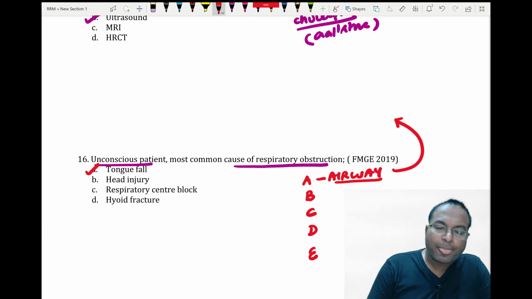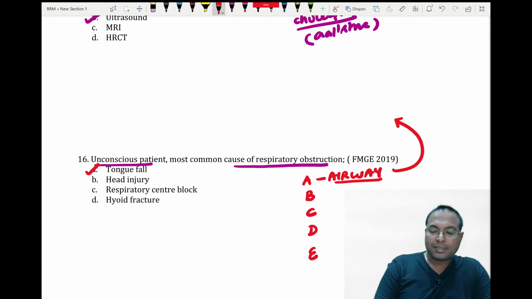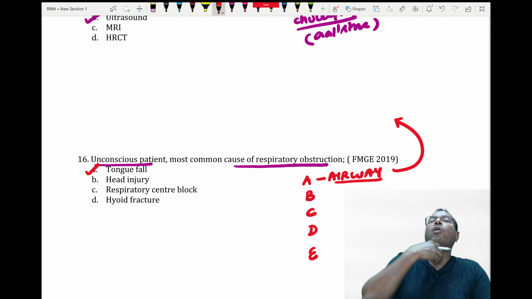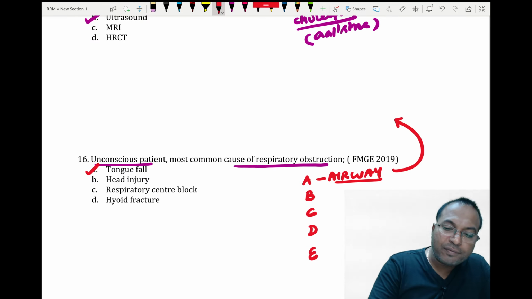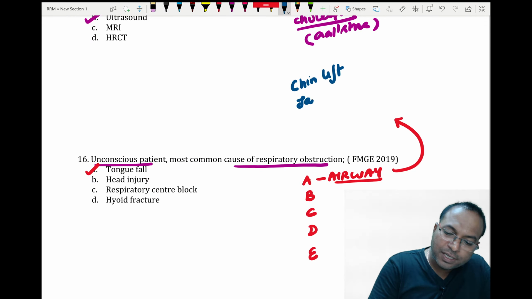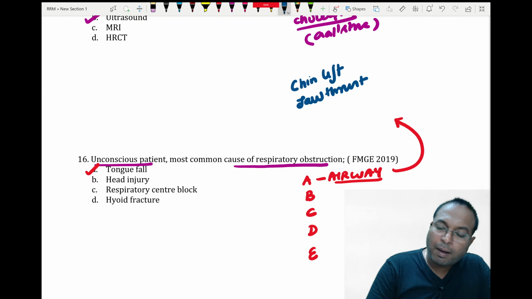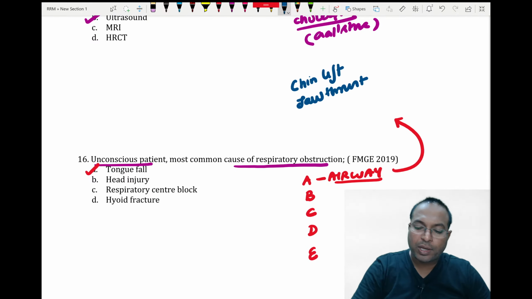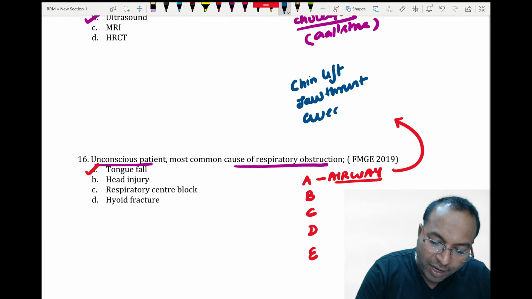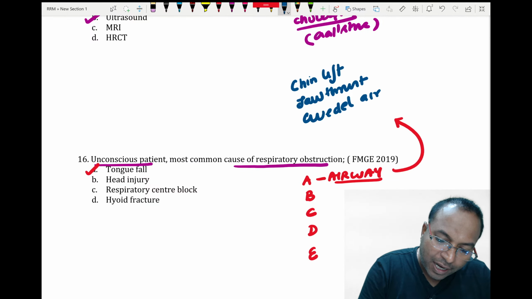So airway obstruction is because of the tongue falling backward. That is the most common problem. That is the reason we do maneuvers like chin lift and jaw thrust, and you can apply a Guedel airway to prevent the tongue falling backward.